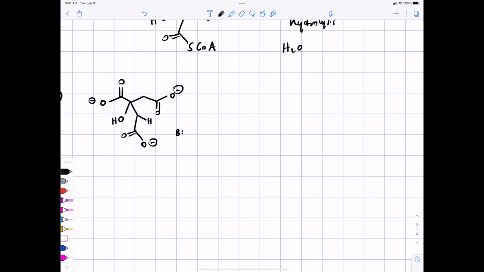So a base from the enzyme removes a proton from a carbon that is alpha to a carbonyl group.